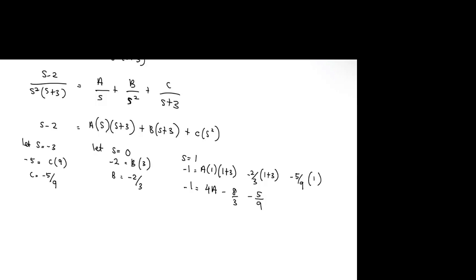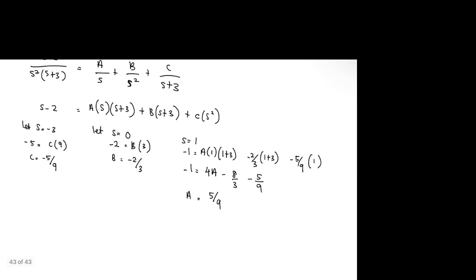Okay, solve for A. Find the value for A. So we have minus 1 plus 8 over 3 plus 5 over 9, divided by 4. A is 5 over 9.